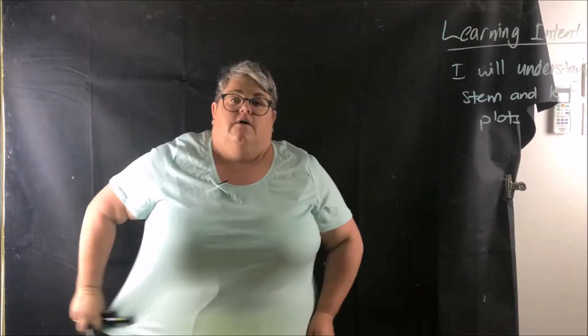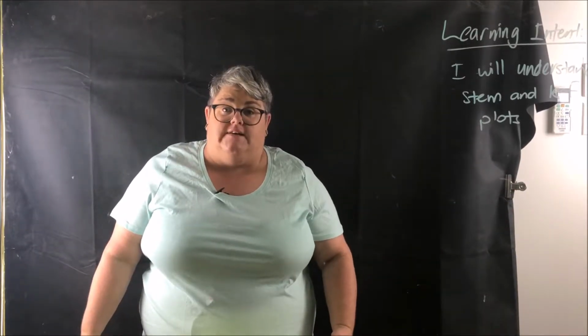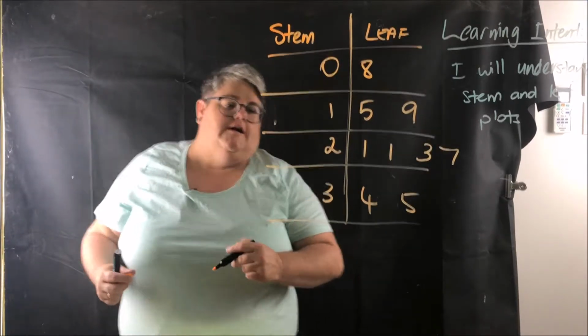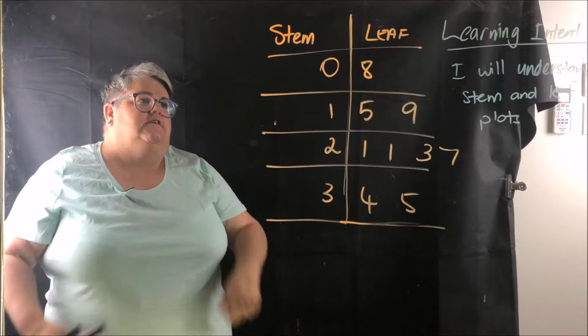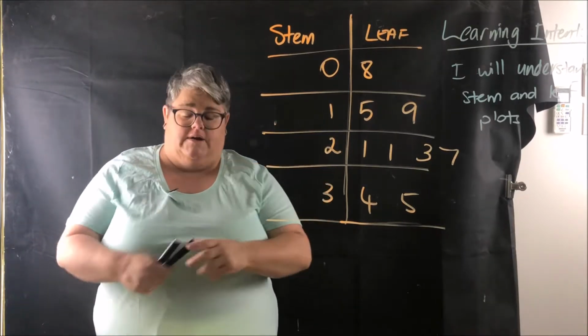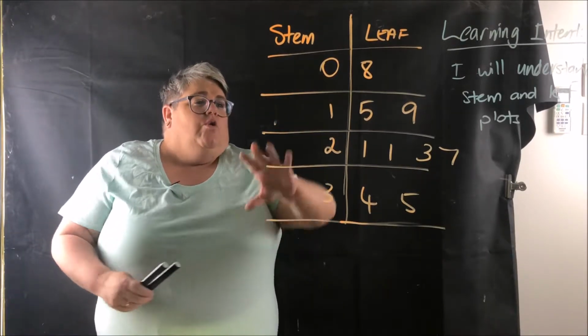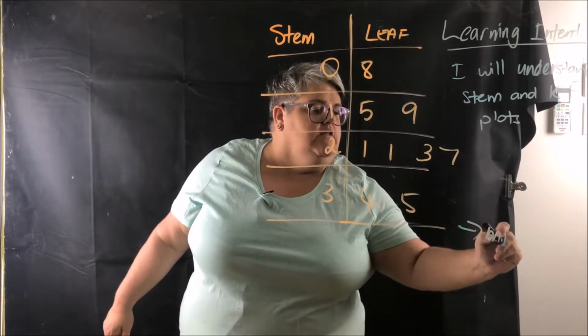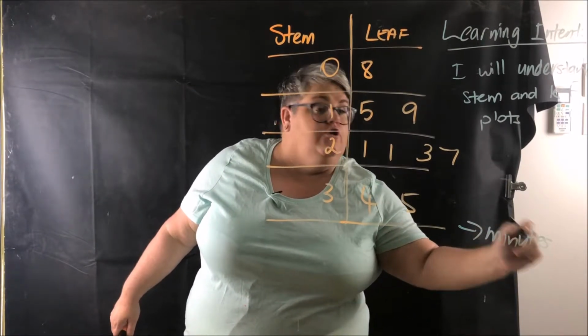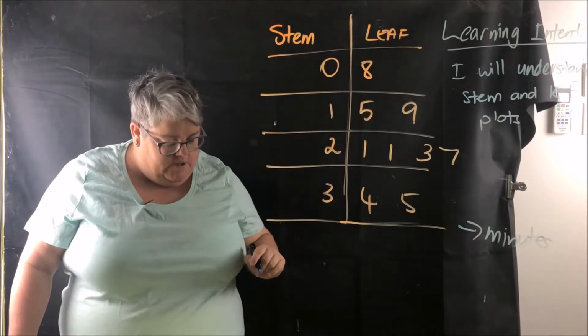Okay, so now we're going to do some practice. So this is our stem and leaf, which we're going to practice on. All of these numbers represent minutes. Minutes on a phone call that you made, many phone calls you made.